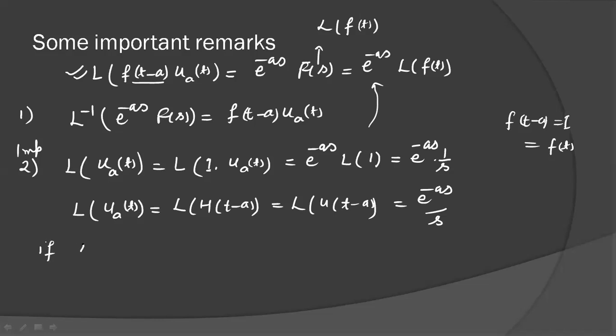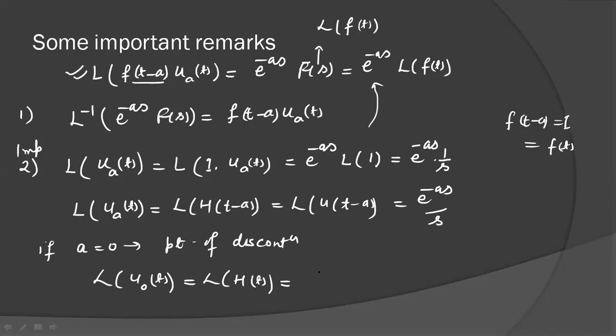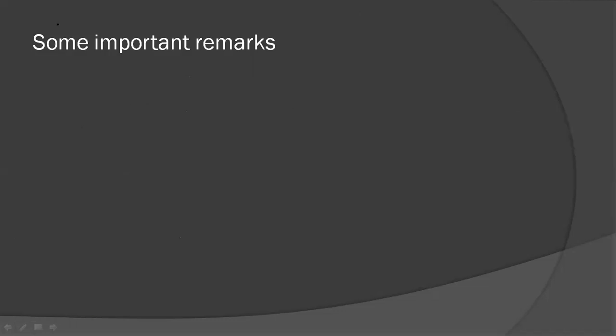If a equals 0, meaning 0 is the point of discontinuity, then what will be the Laplace of u0(t) or H(t) or u(t)? It will become 1 over s, because at a equal to 0 it will become 1. I am using this property here for proving the Laplace of the unit step function. Now let's see some more properties. Third remark.